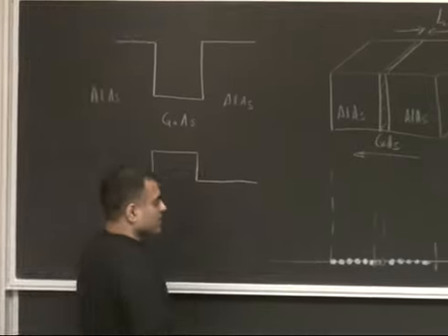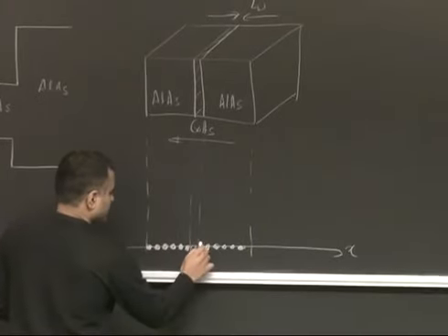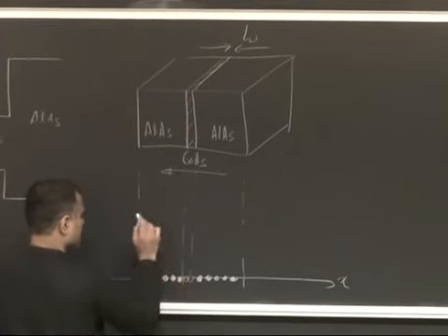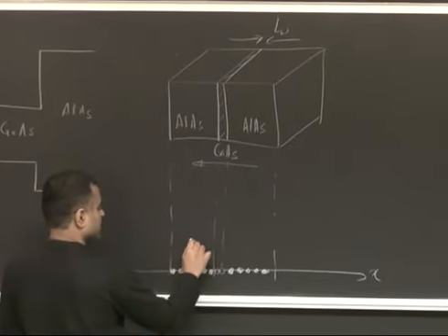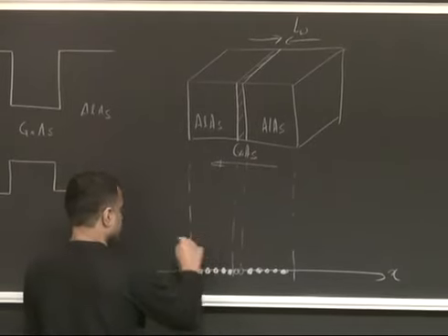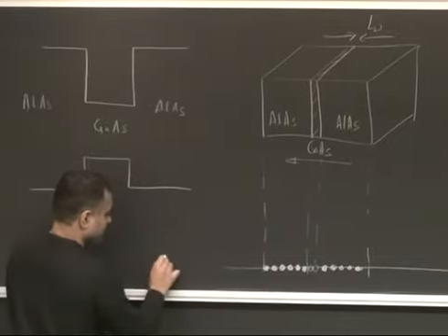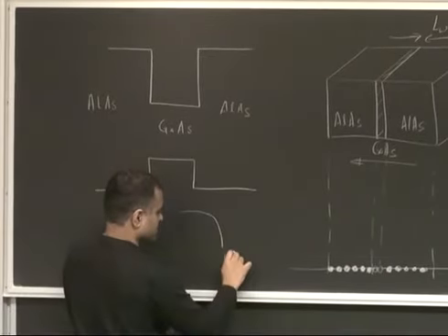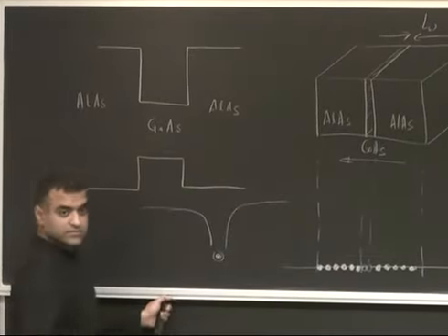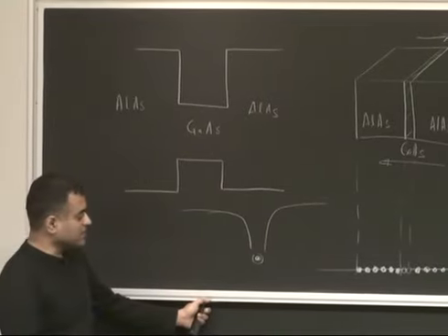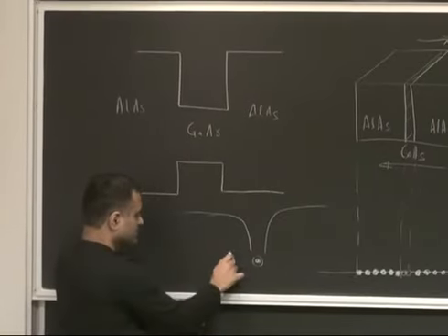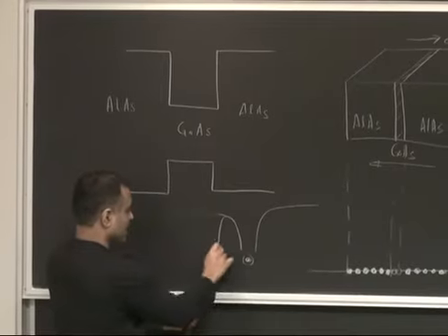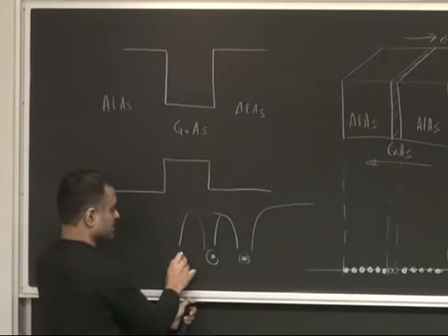Now, if I take any single aluminum atom, it has a potential that looks something like this, for the electrons. And if I put another one, the potentials add, and in a crystal it looks something like that.